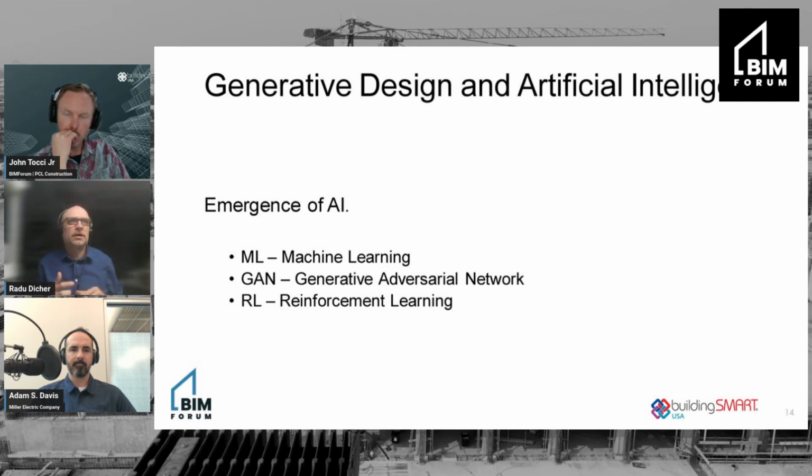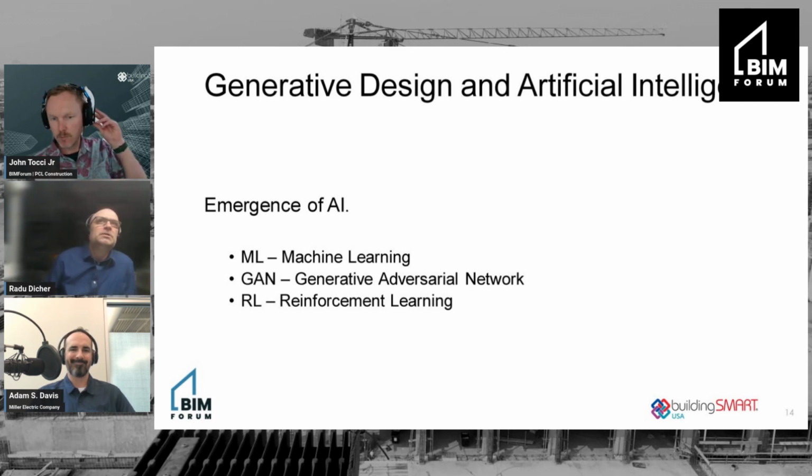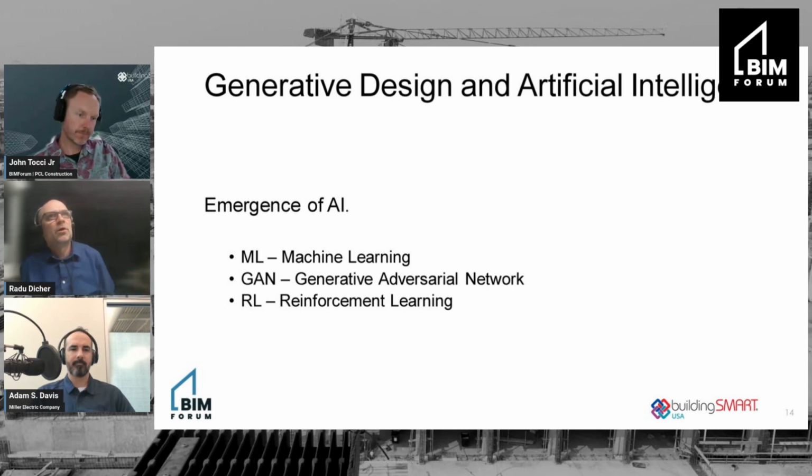And I think AI is the perfect tool. We've experienced the emergence of AI in the past few years, and there are a few concepts which govern the doings of AI within this framework. Machine learning, which is fairly widely known. A generative adversarial network involves two neural networks competing with each other in a zero-sum game.